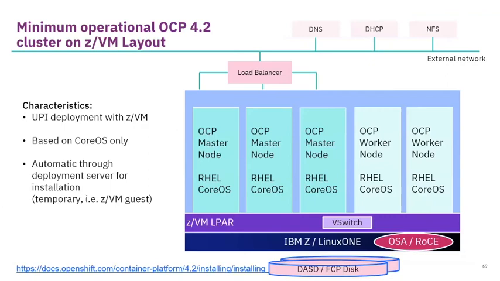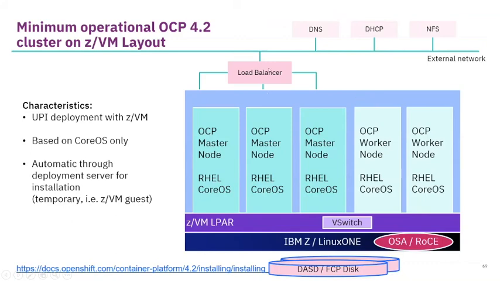So the environment running on Linux on IBM Z or LinuxONE is basically a UPI environment where you need a z/VM LPAR, z/VM 7.1, and then you deploy 3 master nodes and 2 worker nodes as a minimum deployment.